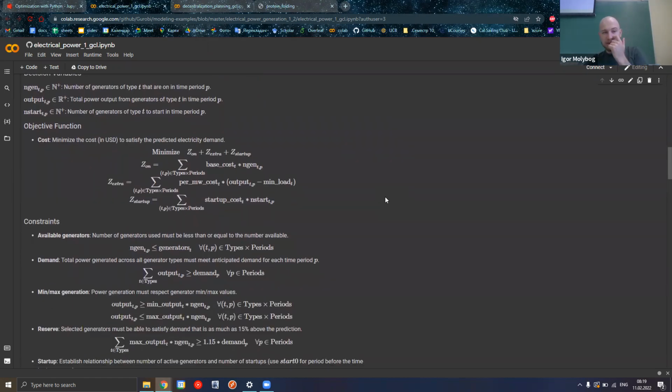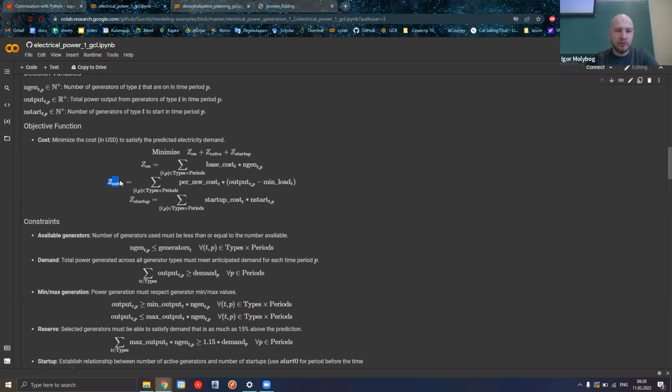Okay, so let's take a look at the objective function. We aim to minimize the cost of operation that consists of 3 terms. Basically, the first term is the one that corresponds to the base costs of operating the generators that are on.